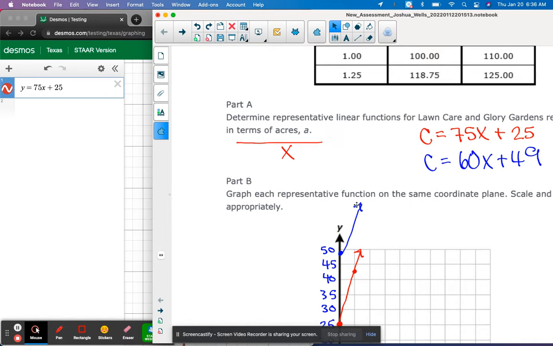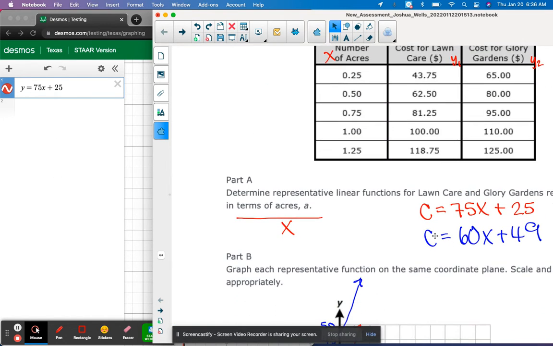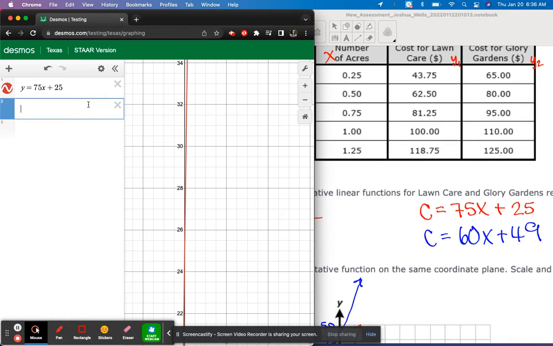So let's go ahead and look at part C. Use the graph to determine the number of acres for which the cost is the same at both companies. We can label the point on the graph if we needed to, but let's go ahead and look at Desmos.